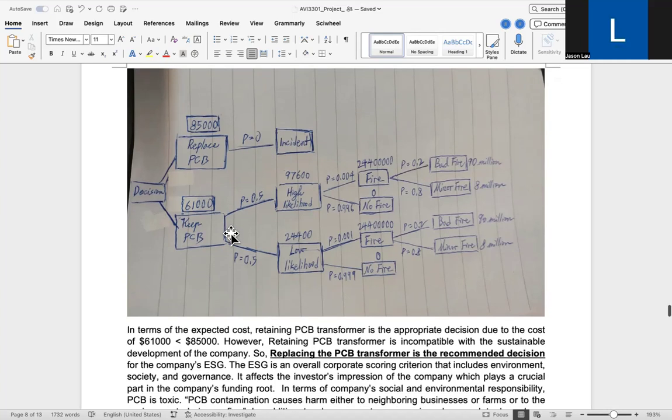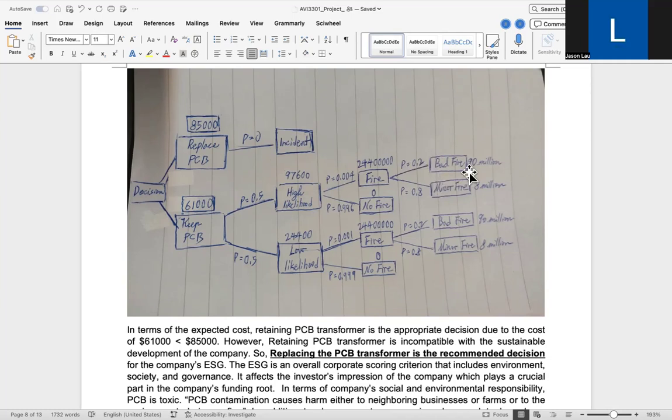And the other is keep the PCB. We have two situations: one is the high likelihood and one is the low likelihood. On the high likelihood, we also have two situations: one is fire and one is no fire. On the fire, we have a bad fire and a minor fire.